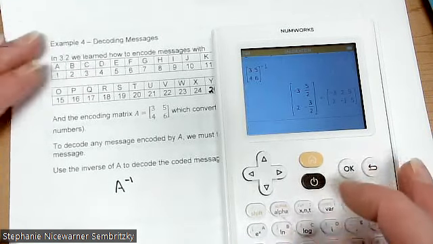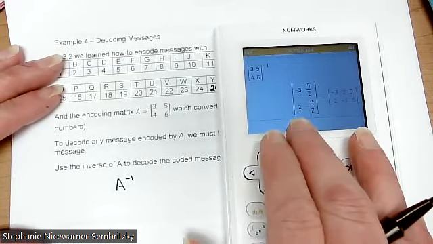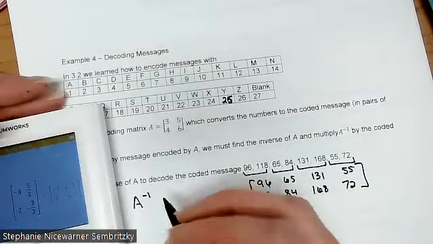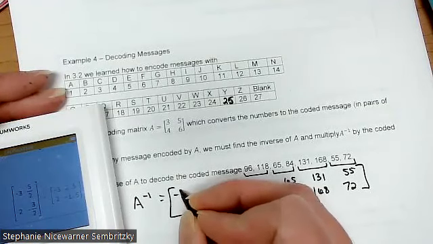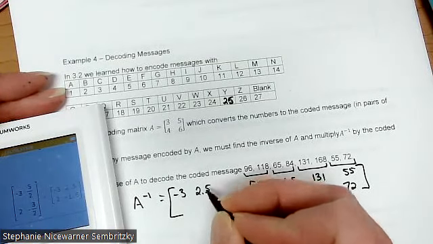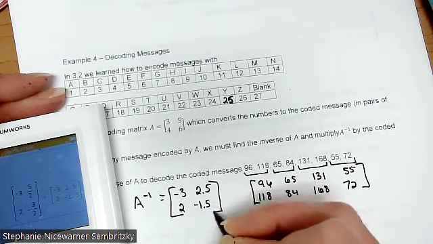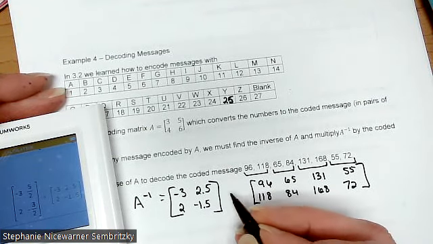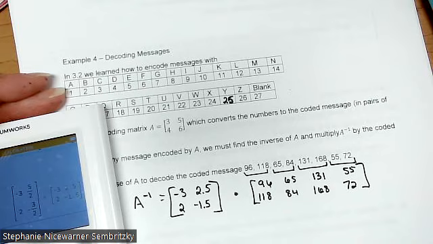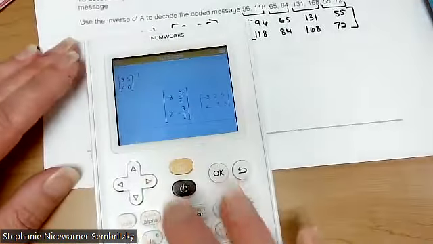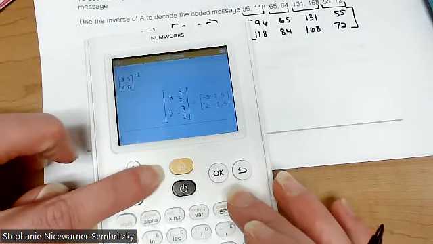And it gives me my inverse matrix. Whichever way I want to write it is fine. I'll go with the decimals, 2.5, -1.5. What I'm going to do is take this matrix times this matrix with our coded message.